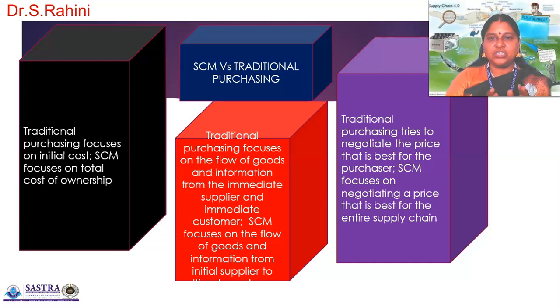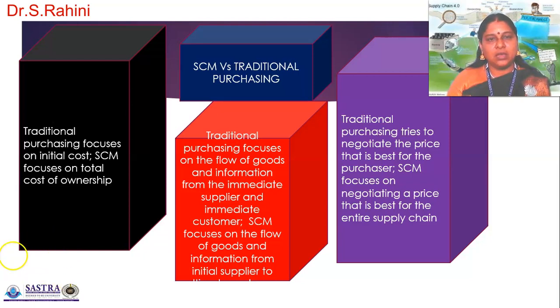And traditional purchasing tries to negotiate the price that is best for the purchaser. But SCM focuses on negotiating a price that is best for the entire supply chain. When he started preparing a model, the entire model he will be formulating and he plans it accordingly.